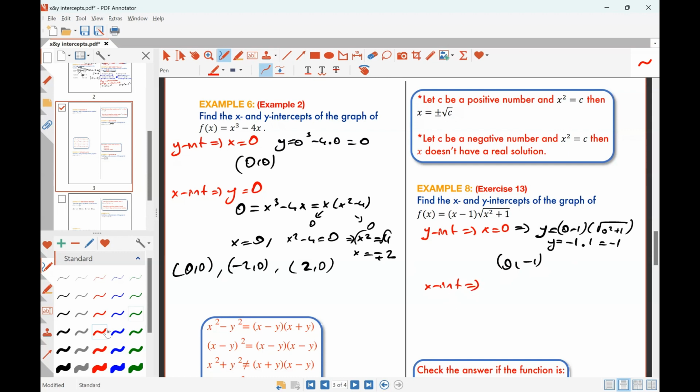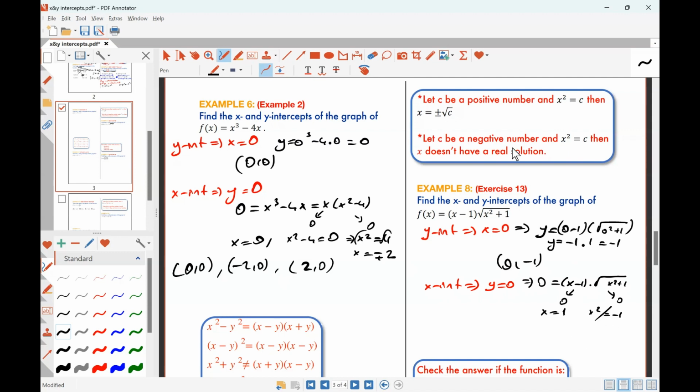You let y be 0 this time. So 0 equals x minus 1 multiplied by the square root of x squared plus 1. Now, zero product property. We have two factors multiplied by each other. Either the first factor is 0, then x is equal to 1, or the second factor is equal to 0, then x squared is negative 1, which is impossible.